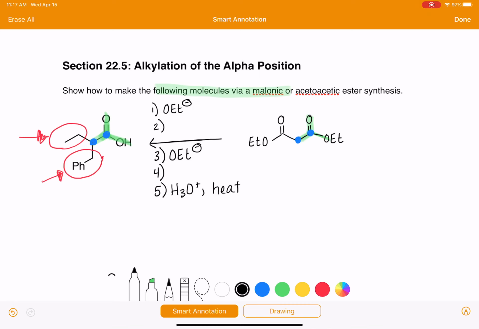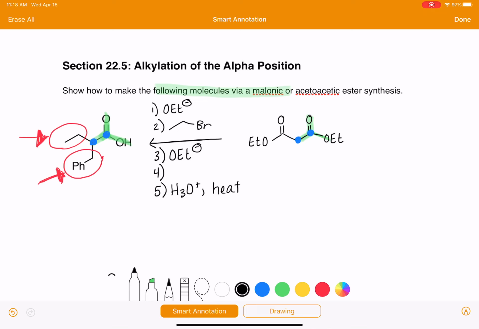So for steps two and three, this is where we bring in these alkyl groups, and especially on paper, it's not going to matter which order you add them to the molecule. If you're doing this in lab, in terms of bulkiness and steric hindrance, then maybe you're going to want to think a little bit about which order you put them in, but on paper, no big deal. You can also use any halogen that you want, as long as it's a good leaving group, like bromine is always great.